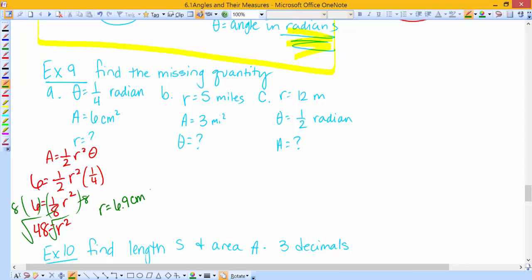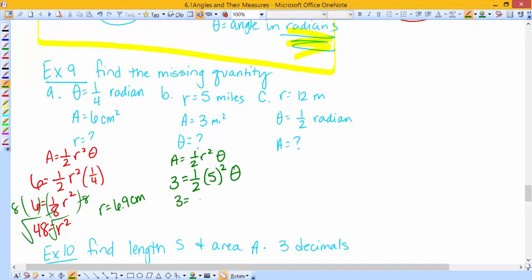And I'm going to go ahead and continue working on to B. Area is 1/2 r squared theta. I'm given the area is 3 miles squared. I'm given the radius is 5 miles. And I am going to find theta. So 5 squared is 25.